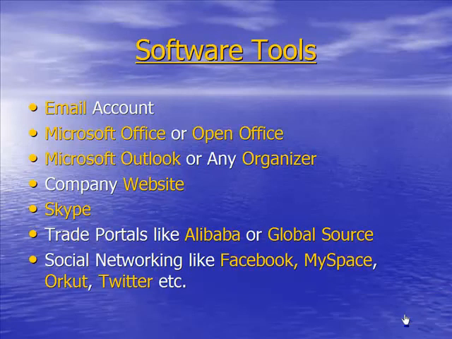Microsoft Office or Open Office or Group Office. That's a very important piece. Microsoft Office nowadays is becoming the de facto standard for most of the productivity, like sales letters or a fax cover sheet, or you want to have a small Excel sheet to calculate some of your product data.